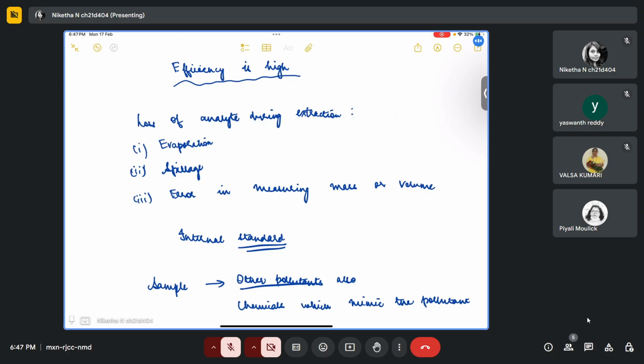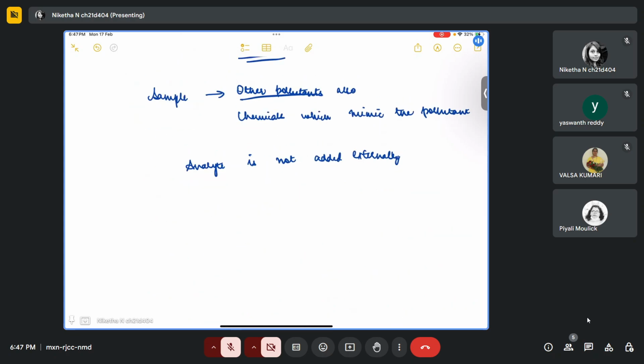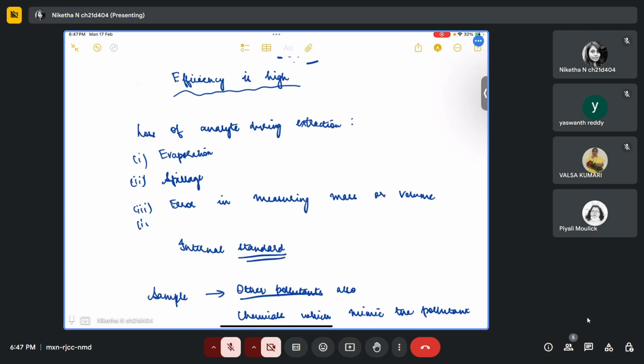So another type of loss is the loss due to adsorption. Where does this happen? Loss due to adsorption? By the container. Yeah.